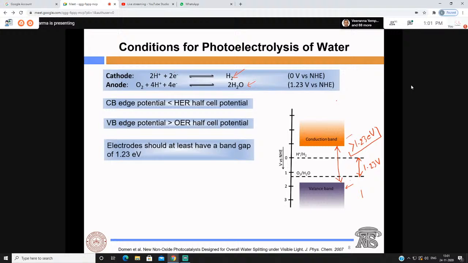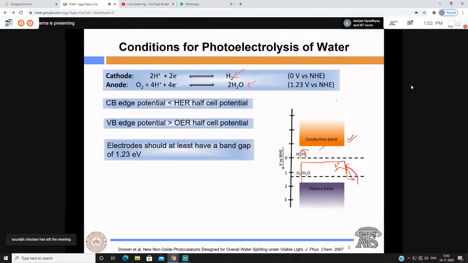For example, take a material whose conduction band is positioned like that, but since it has a band gap of 1 volt, the valence band would be somewhere here, let's say. In that case, this conduction band electron can participate in hydrogen evolution and can evolve hydrogen, but this valence band hole has not sufficient energy to participate in the oxygen evolution reaction.